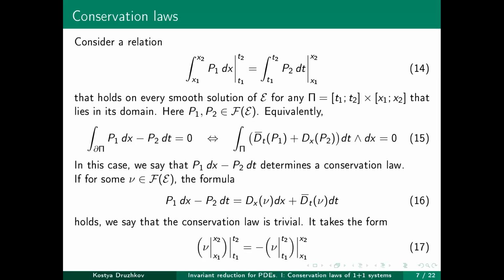But trivial of the form 17, there are trivial conservation laws of a different type, and they can be encoded by formula 17 on the equation manifold. But I would say that its physical sense is not that clear to me. The fact that it's a non-restrictive condition, but we call conservation laws of this form trivial. From a mathematical point of view, it's clear.